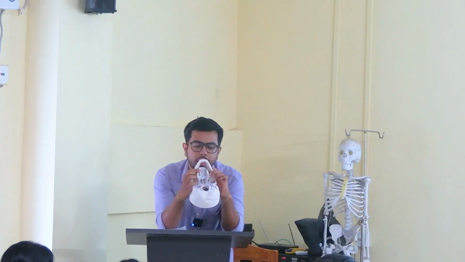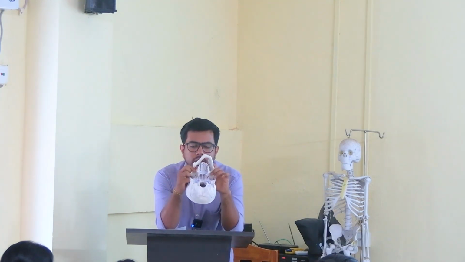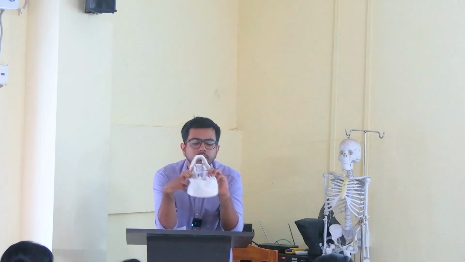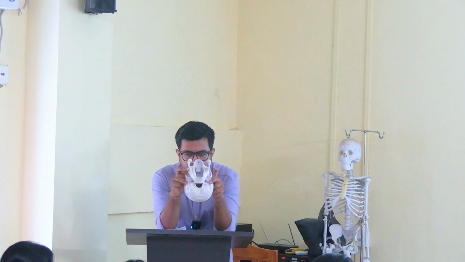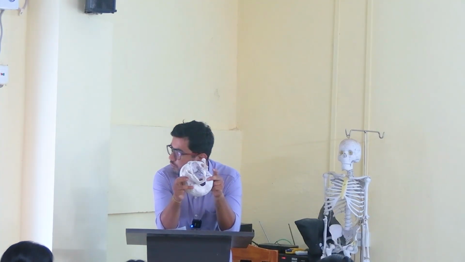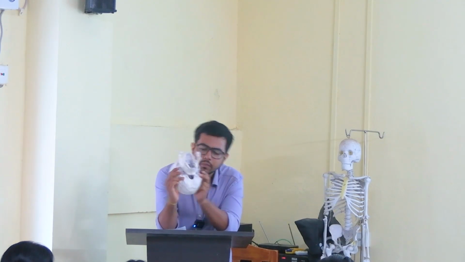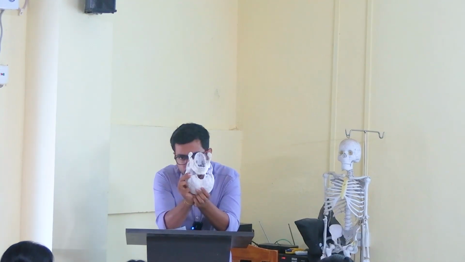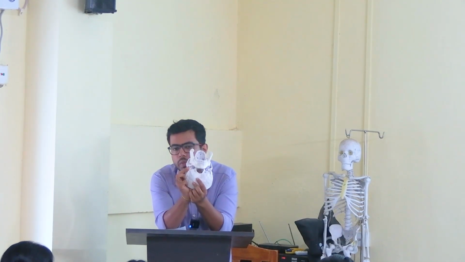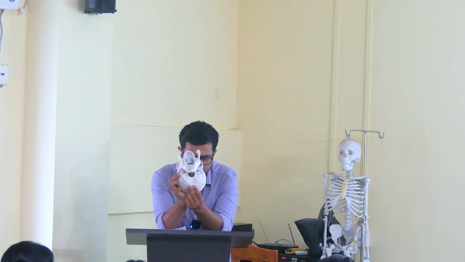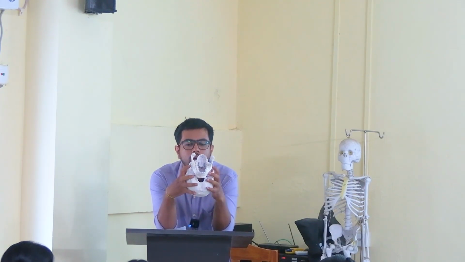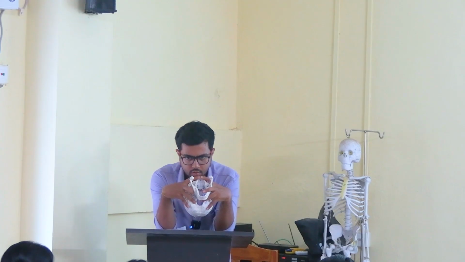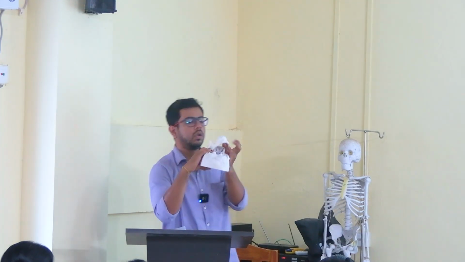Then this one, the zygomatic arch, then these two, the mastoid process of the temporal bone. Behind, in the occipital bone, there is this occipital protuberance, a protruded part of the occipital bone. So this is the boundary of our Norma Basalis.